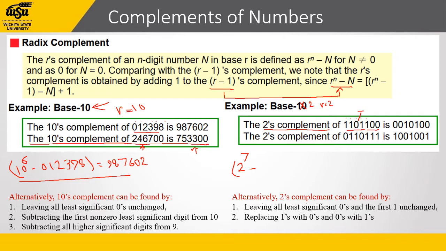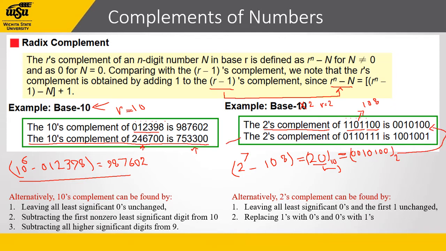If we convert this binary number to decimal, we get 108. The answer is 20. If we convert 20, which is base 10, we get 0010100 in binary, which is our answer.